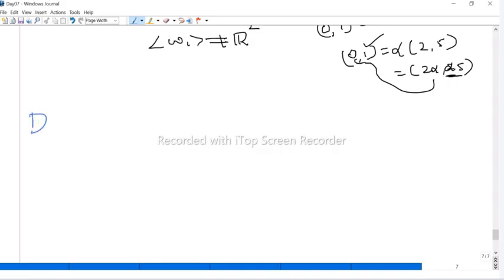Definition of basis: a set of vectors is said to be a basis if it is linearly independent and spans the entire space. Let V be a vector space.